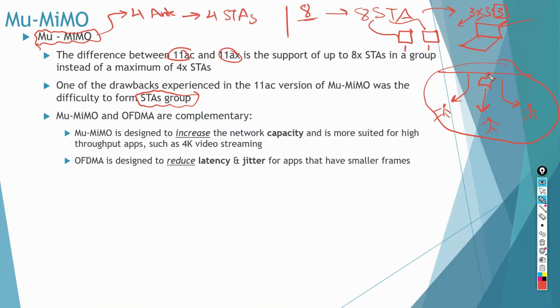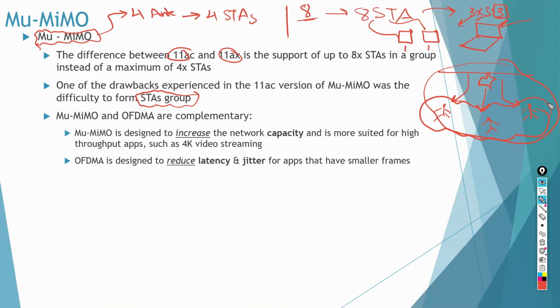In 11AC, there were a lot of problems forming this station group, because 11AC introduced, I don't remember exactly, what they call sounding techniques in order to understand the dimensionality of the channel, and it tried to steer the transmission to each user by itself.